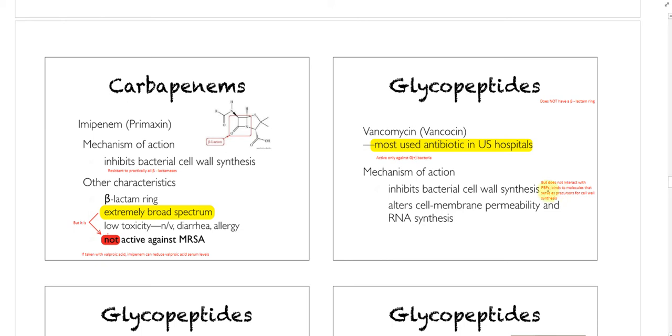But it does not do so by interacting with penicillin-binding proteins. Instead, it just binds to molecules that serve as the precursors for cell wall synthesis. So they kind of inhibit the wall from forming in the first place or continuing to be reinforced. It also alters the cell membrane permeability and inhibits RNA synthesis too.